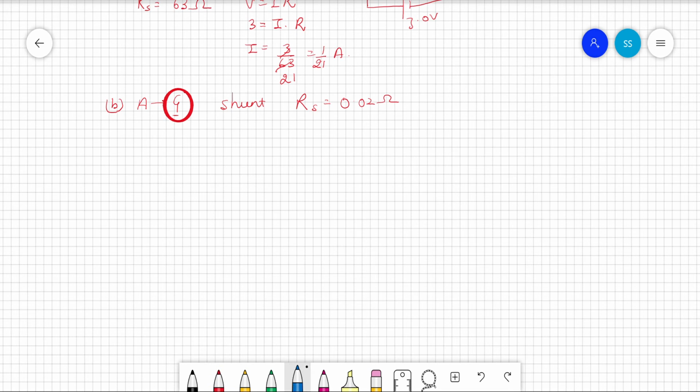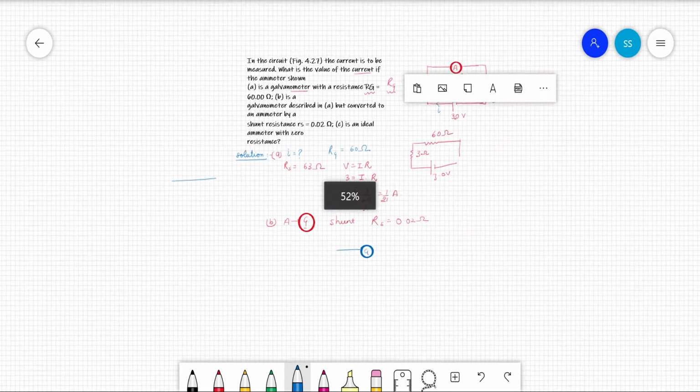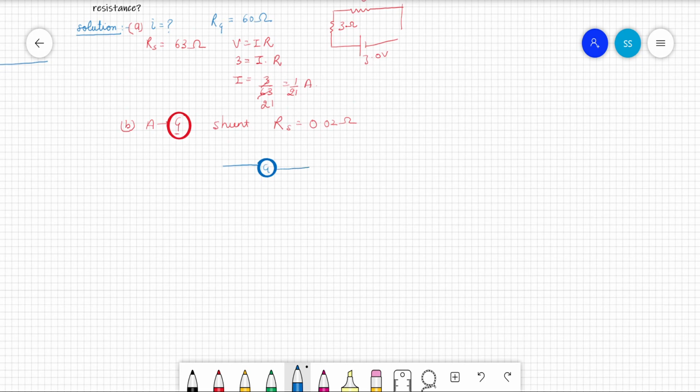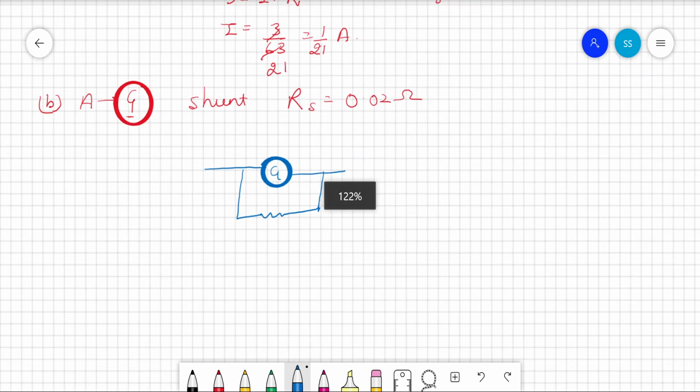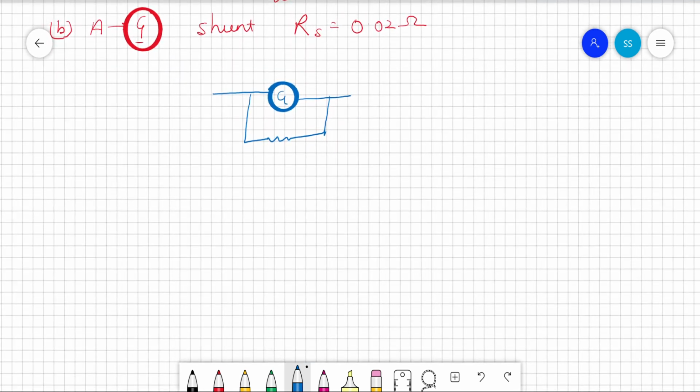We'll say that it is your galvanometer, which is connected with a shunt in parallel in order to convert it from a galvanometer into an ammeter, and this shunt is given as 0.02 ohm. You have to find out the value of I, and I can be written as V by R.